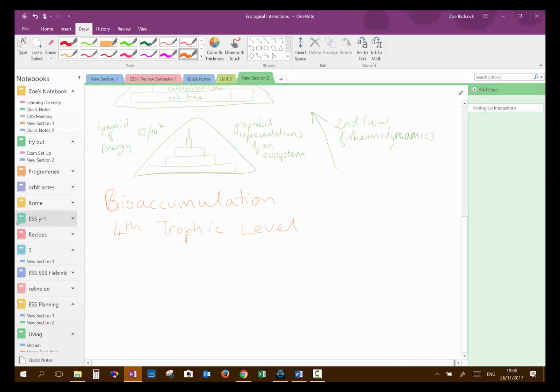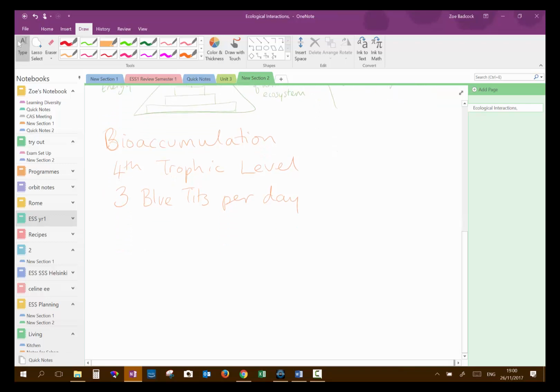So imagine that sparrowhawk might be eating, I don't know, let's make a number up, 3 blue tits per day. But the blue tits, they're eating, let's make another number up, 100 caterpillars per day.